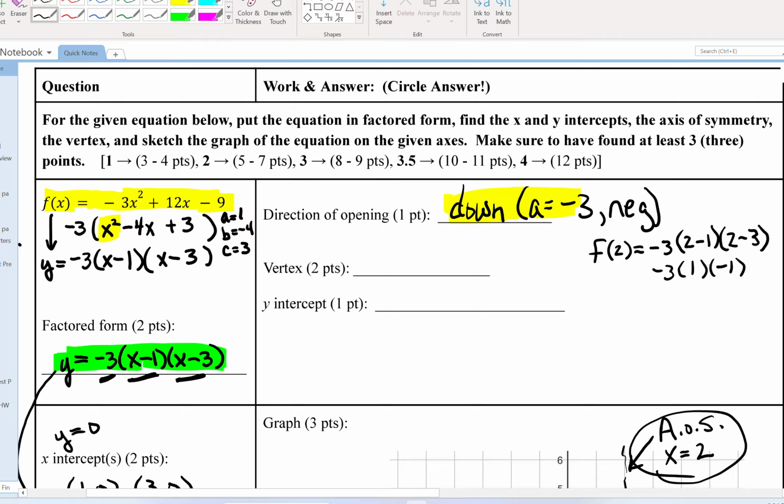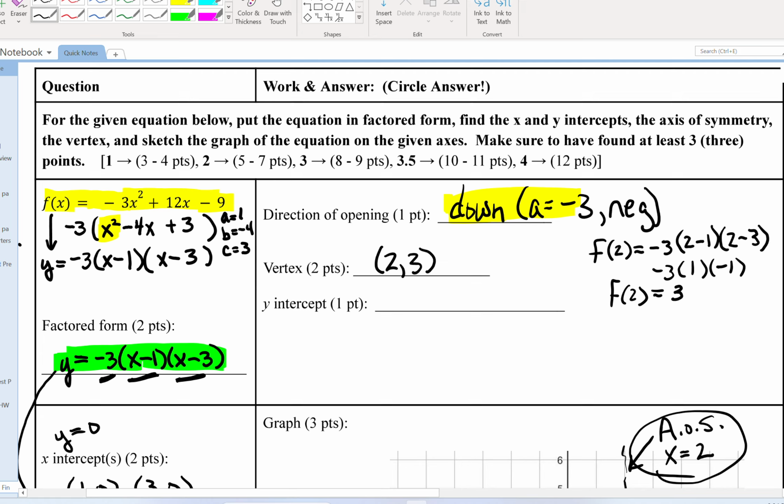Because I have two negatives, when I multiply those, I'm going to get a positive. So this is going to be 3 times 1 is 3, times 1 is still 3. So f of 2 is equal to 3, which means my vertex is at the point 2, 3.